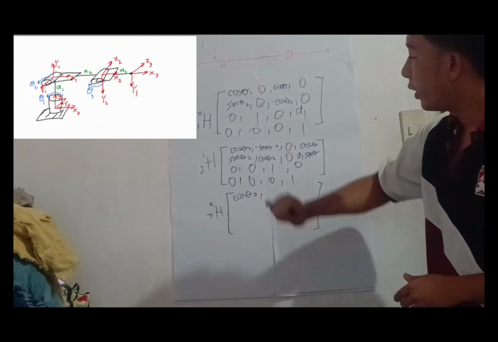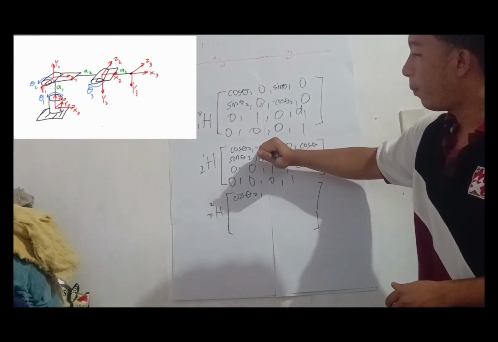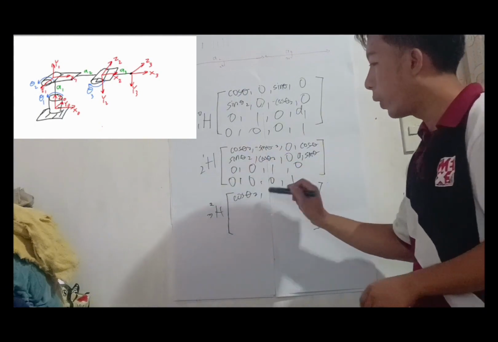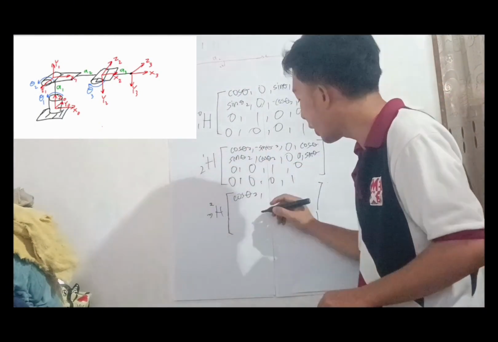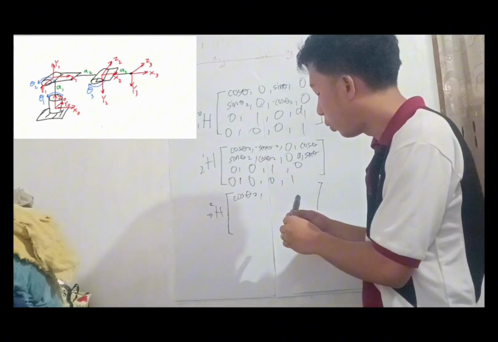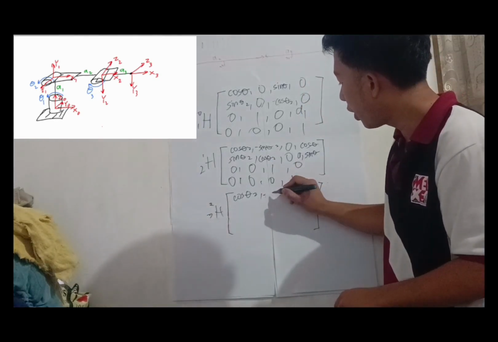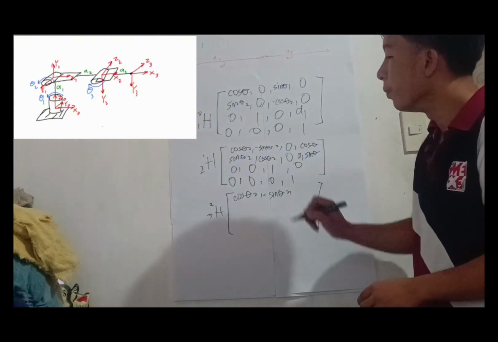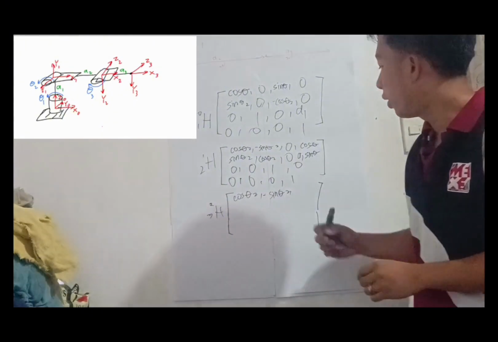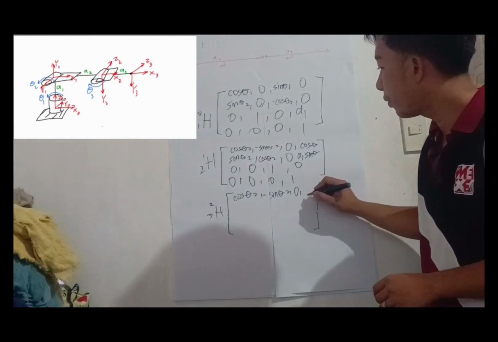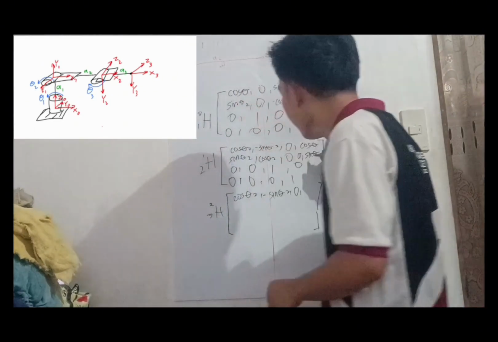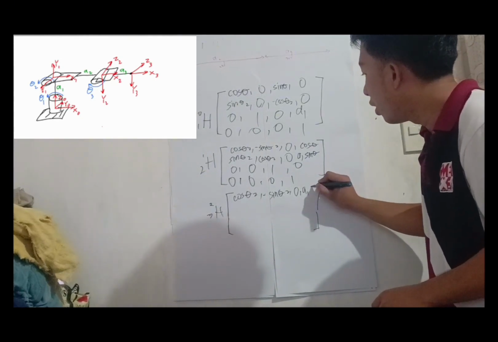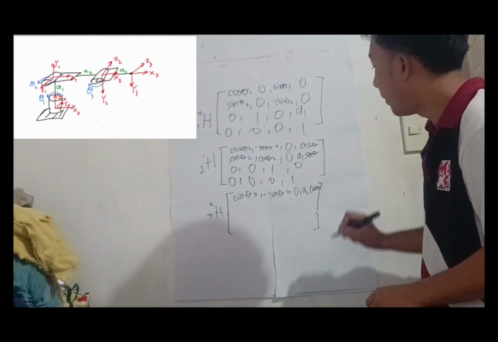So the first is negative; for the second angle of H12, there will be negative sin theta 2. Negative sin theta 2. And there will be 0. And A is cosine theta.